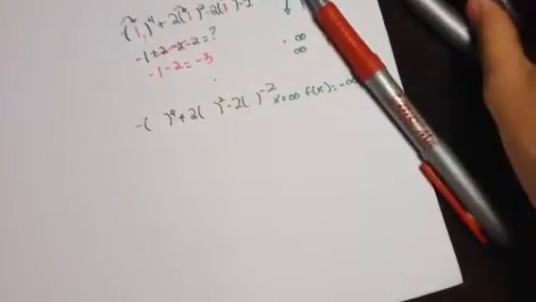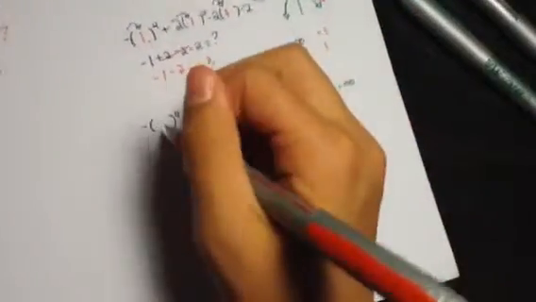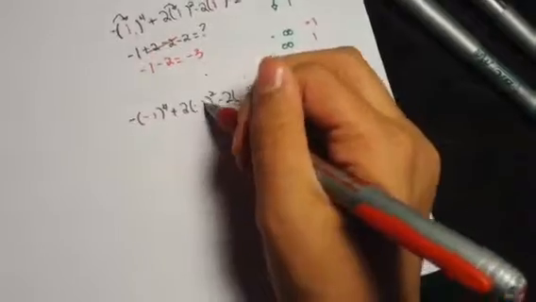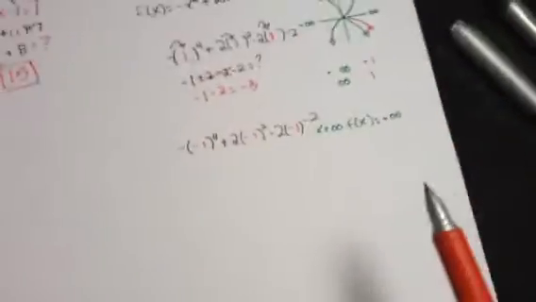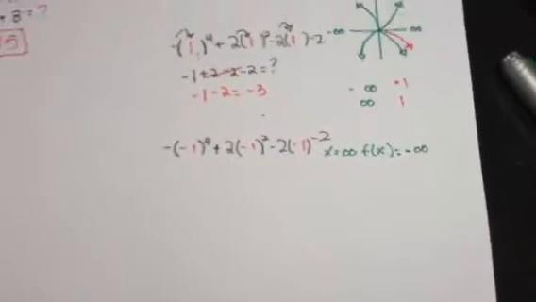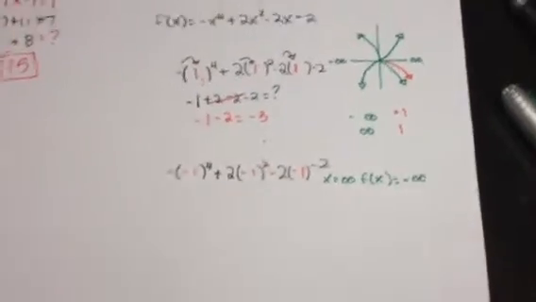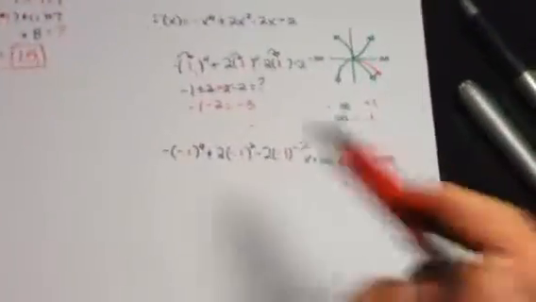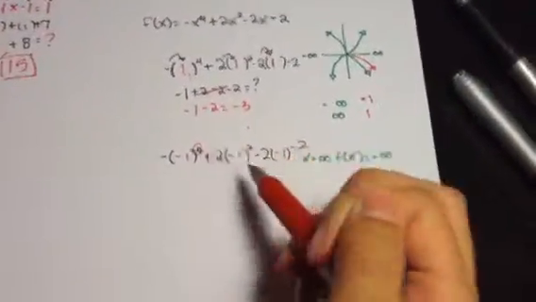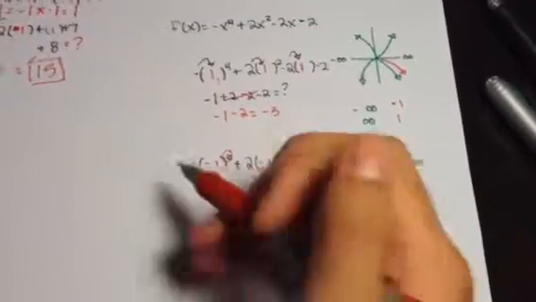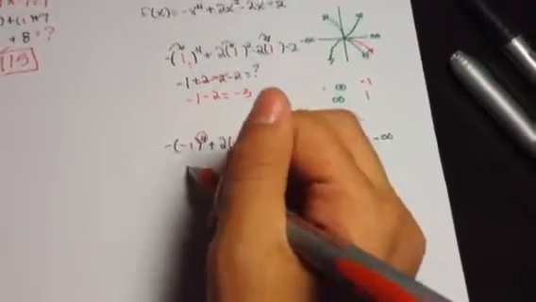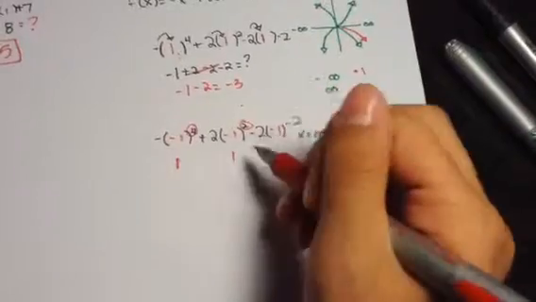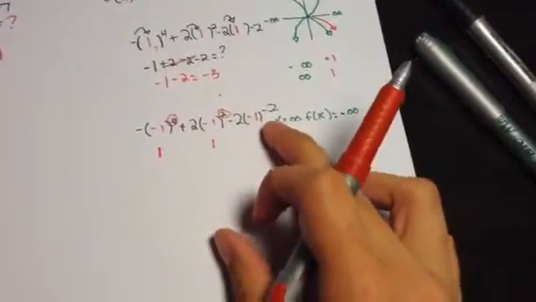Sorry, ran out of room. So -1, -1, -1. Remember what I said about having the power of an odd or an even with a negative number? Here I have the power of an even, also here. So we don't have to worry about odds. So these all equal +1, except for -2.